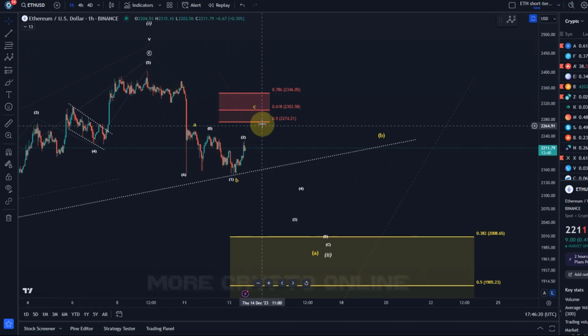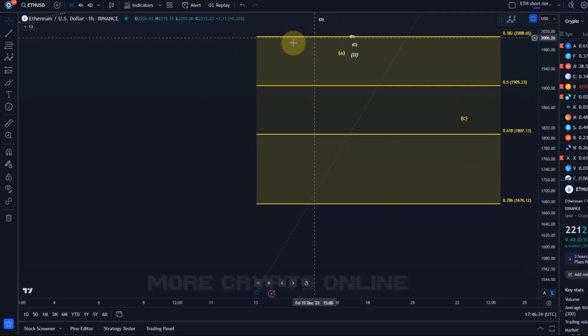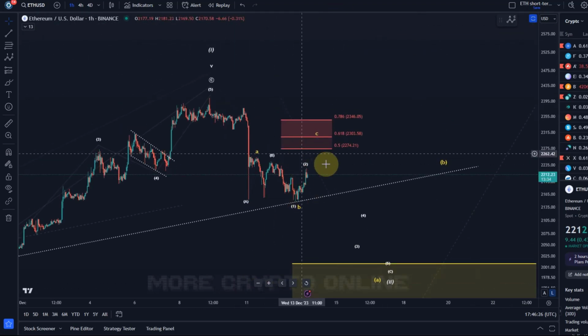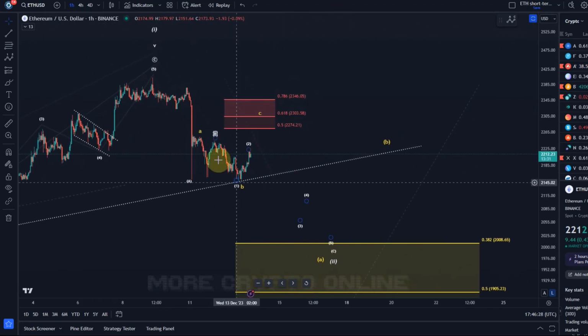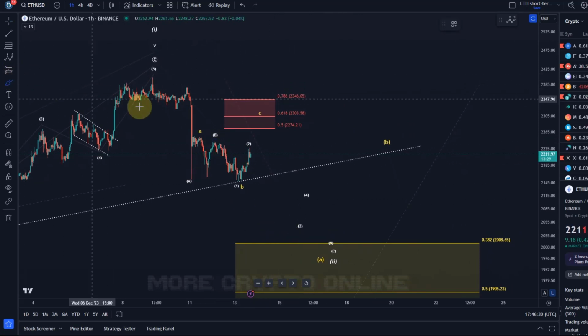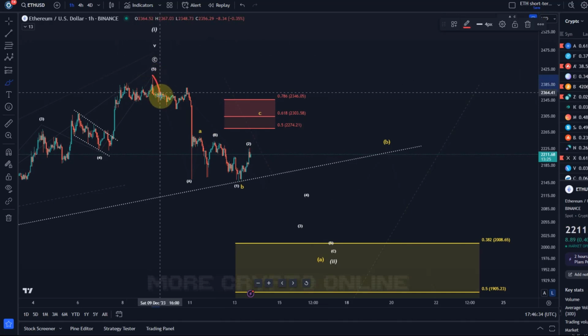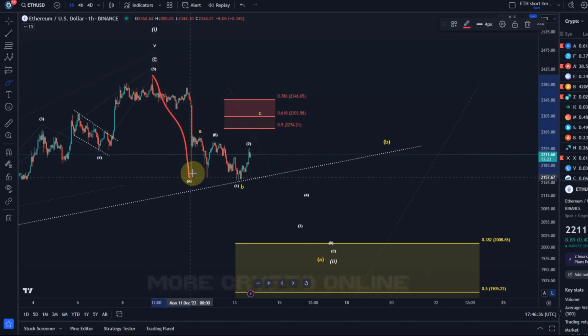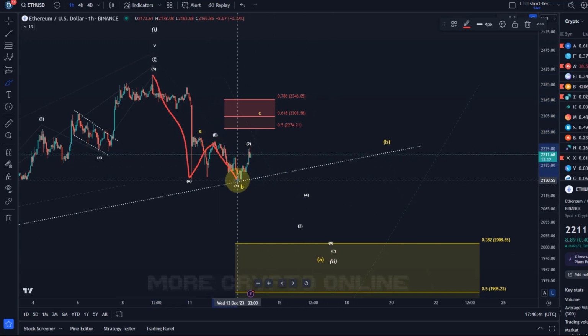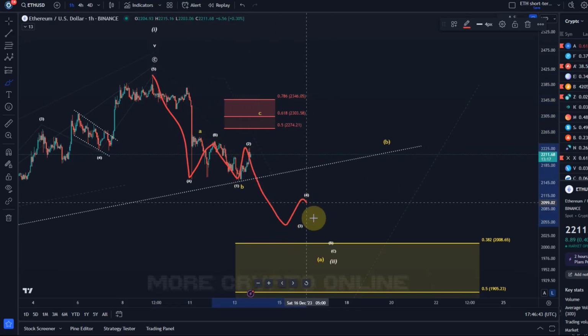Now that we've established resistance, support and the invalidation point, how could the structure form on the way down? There are a couple of ways that I see as likely with the latest price action. First one is A wave done, B wave done, and we're already in the C wave, 1, 2, 3, 4, 5.